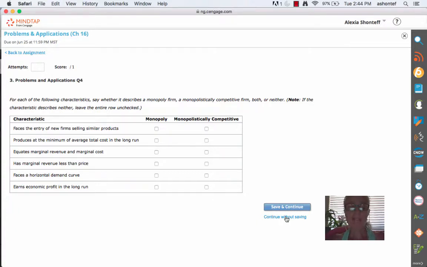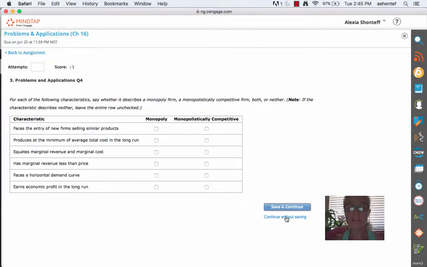That statement of has marginal revenue less than price, remember, as I said previously, that means that the demand curve is downward sloping faced by the market structure and their marginal revenue curve is below it. So in both of these market structures, what's going on? Do they both face a downward sloping demand curve?